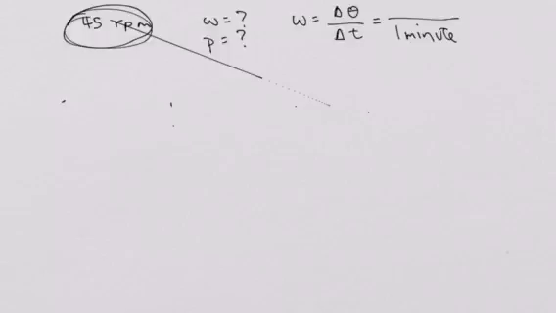And we have to figure out the change in angle. If it went 45 revolutions, each revolution went an angle of 2 pi radians. And it did 45 of those.